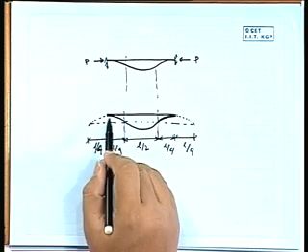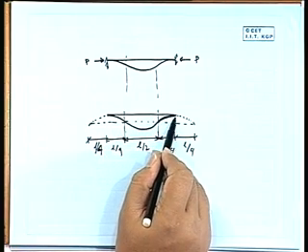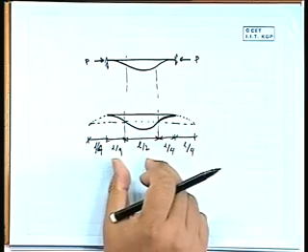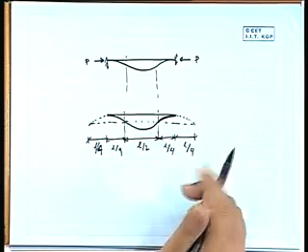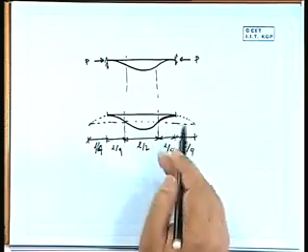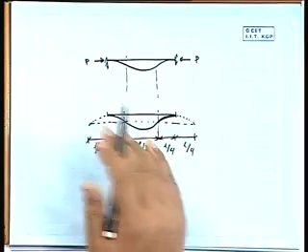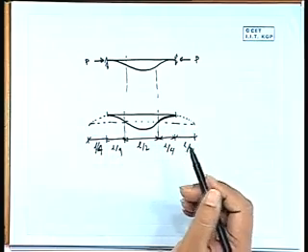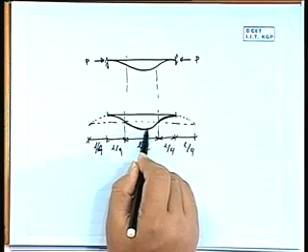Right. So this is the original portion. Now that we have divided central part L by 2, L by 4, L by 4. So beyond the support, if we continue this curve in a mirror image form L by 4, it will be like this.